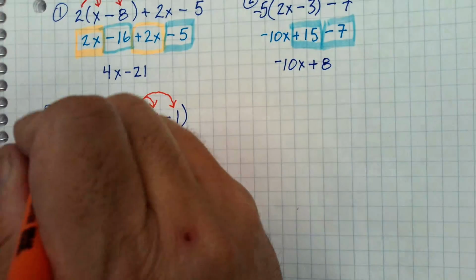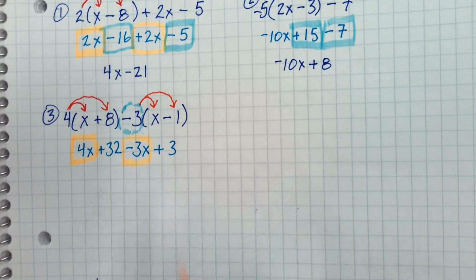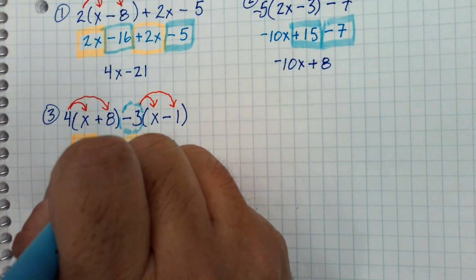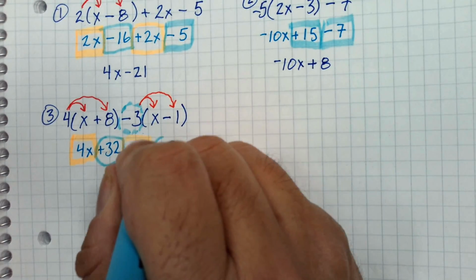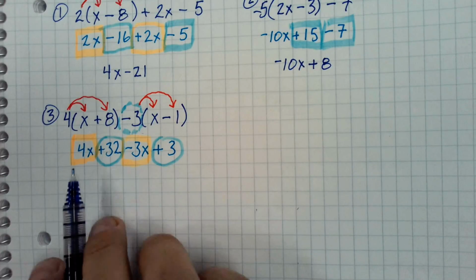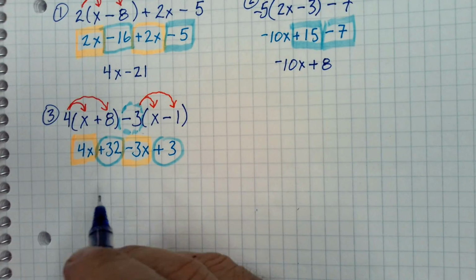So let's combine. We're combining 4x and negative 3x. Gotta be careful. It's a 4 and a negative 3. So 1x.